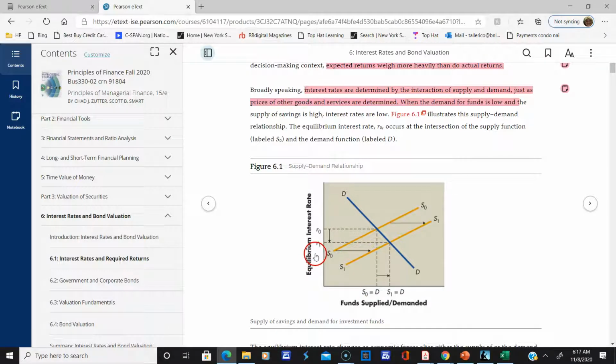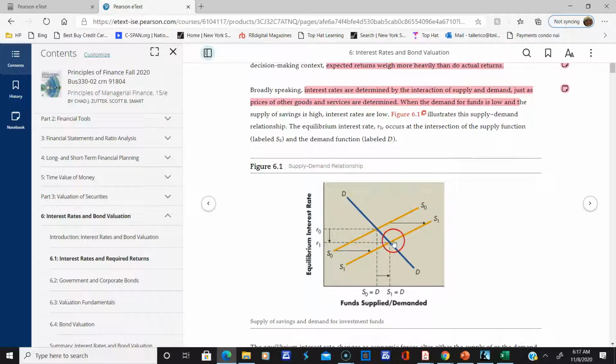And basically, here are interest rates, okay? And here's the demand curve, and here's the supply curve. You'll notice here that if the demand goes down, and here's the supply, where they intersect, you can see interest rates have dropped from R0 to R1.